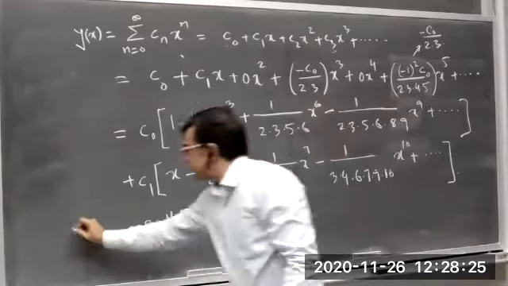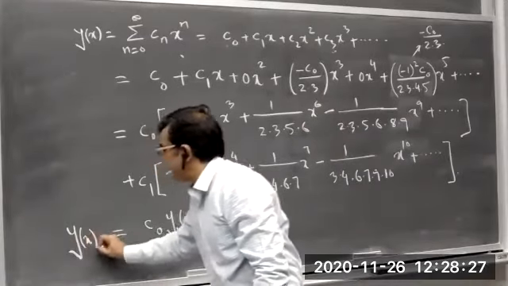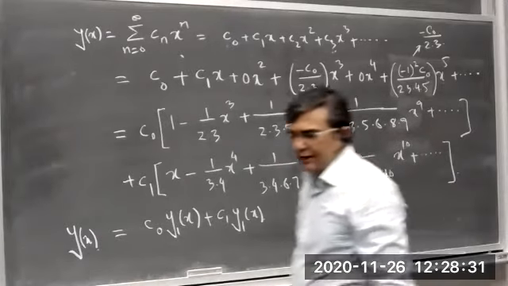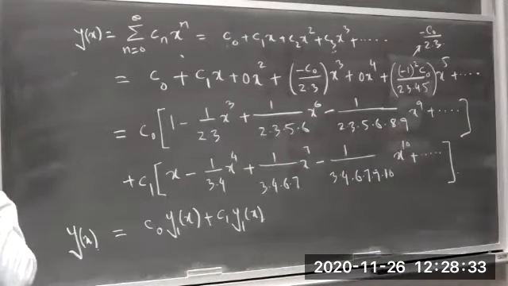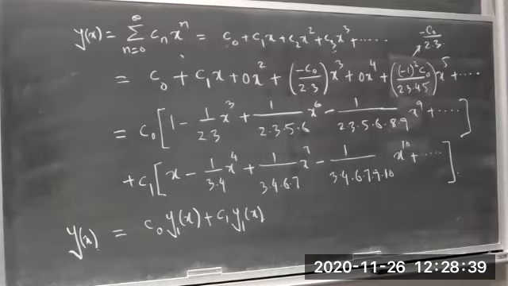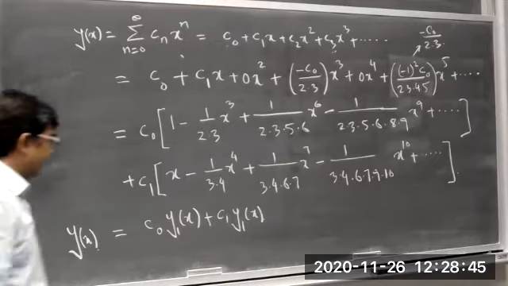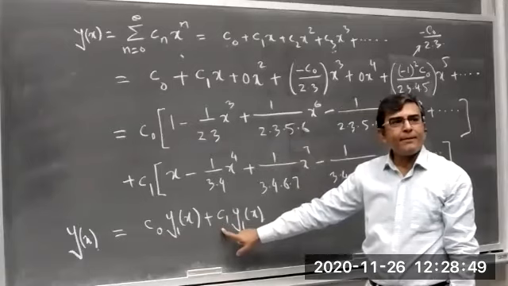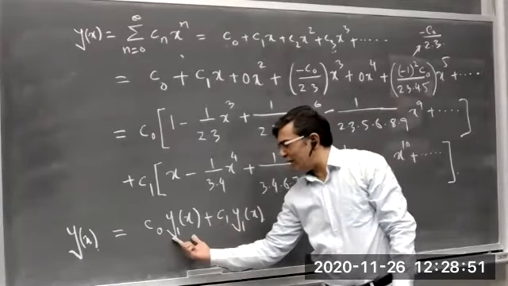Okay, so this is your general solution. I hope you know that the general solution of a second order differential equation must involve two parameters. The two parameters are C0 and C1, and the first solution is Y1.